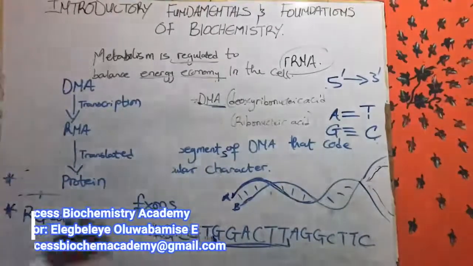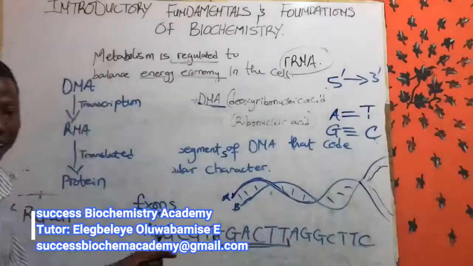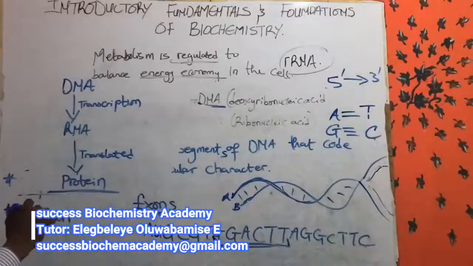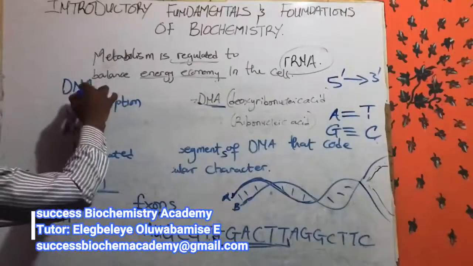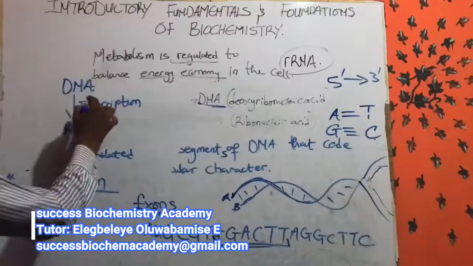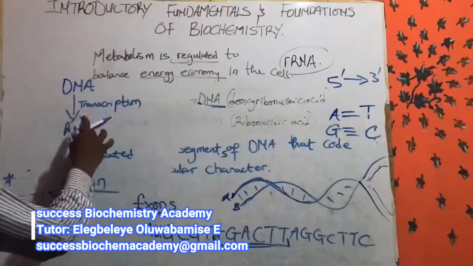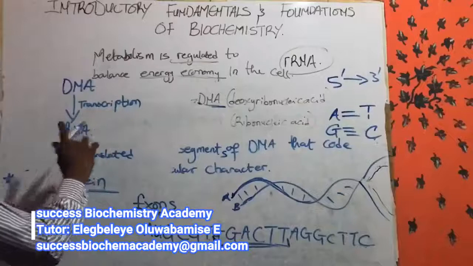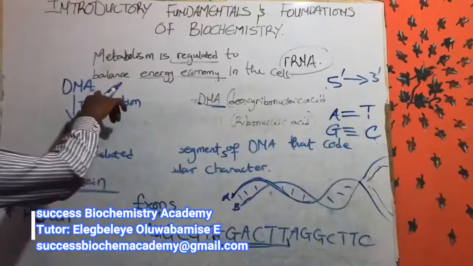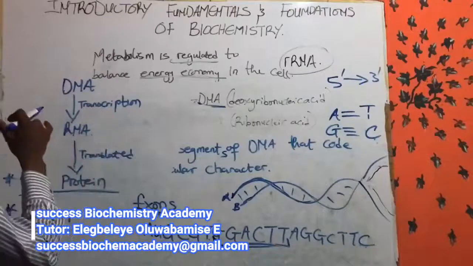So the linear sequence in your DNA will help to encode protein. How? The double-stranded DNA is first transcribed by a process known as transcription to RNA, which is single-stranded RNA. I'll go through that again. Double-stranded DNA is transcribed to single-stranded RNA.